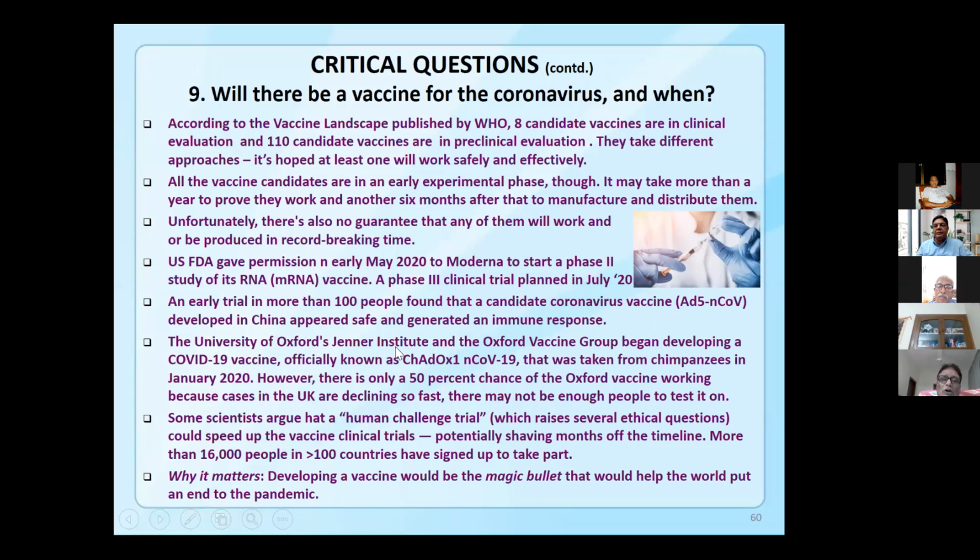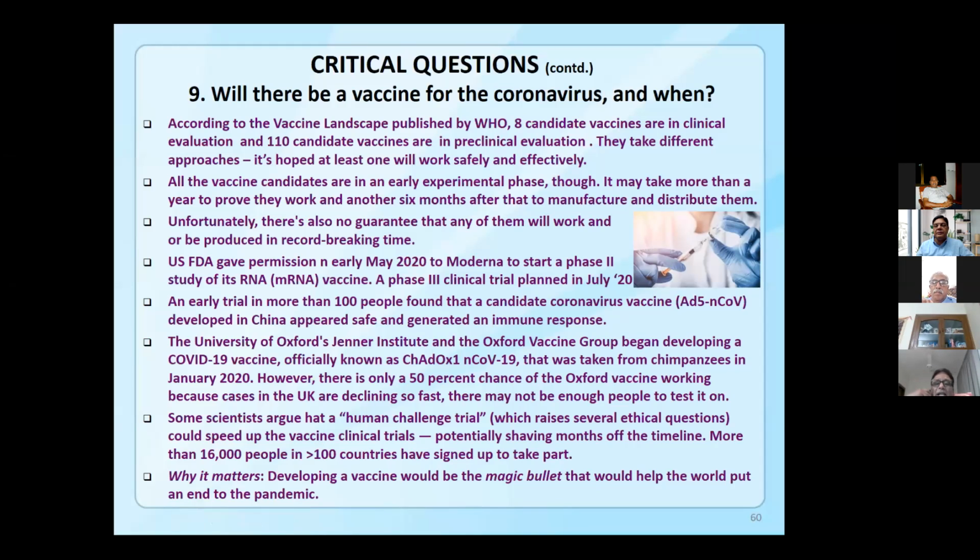The University of Oxford's Jenner Institute, Oxford Vaccine Group, have also started developing a COVID-19 vaccine that was taken from chimpanzees in January. However, there's only a 50% chance of the Oxford vaccine working because cases in the UK are declining so fast, they may not have enough people to test it on. You see, these are some of the real problems.